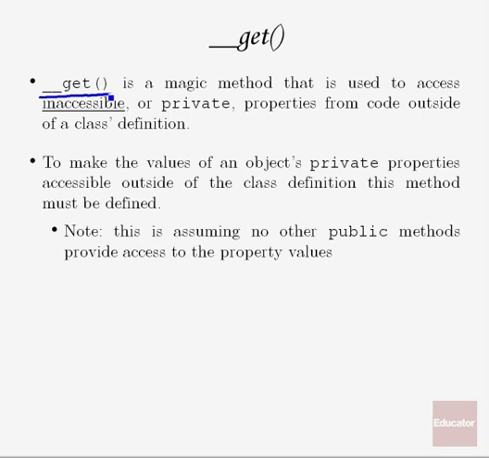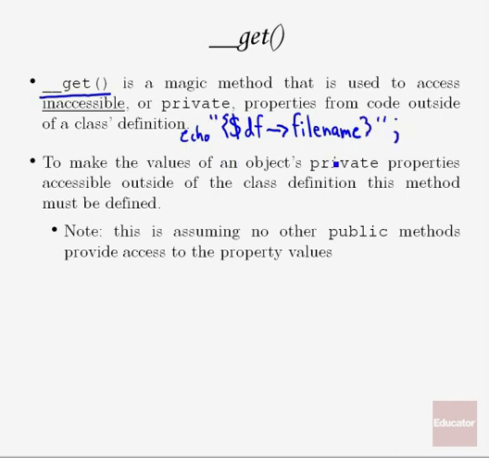Let's say we've been using our new data file class that has the file name property declared as private, and we want to echo it outside the class.